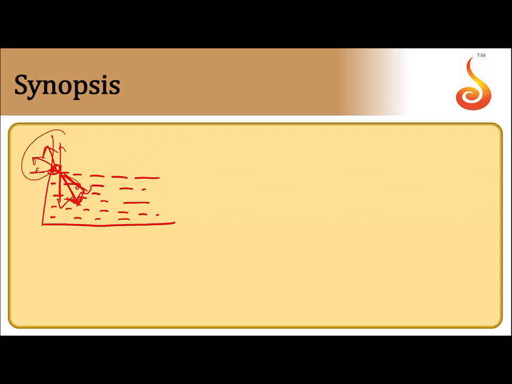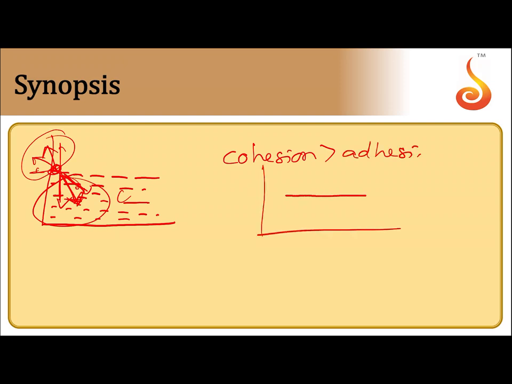Adhesive force is by the solid, cohesive force is by the liquid molecules. If the cohesive force is greater, suppose assume that cohesion is greater than adhesion, then the liquid takes this shape at the meniscus. If the adhesion is greater than cohesion, then the liquid meniscus takes this shape at the point of contact, which means that it is not a perfectly flat surface at the point of contact.